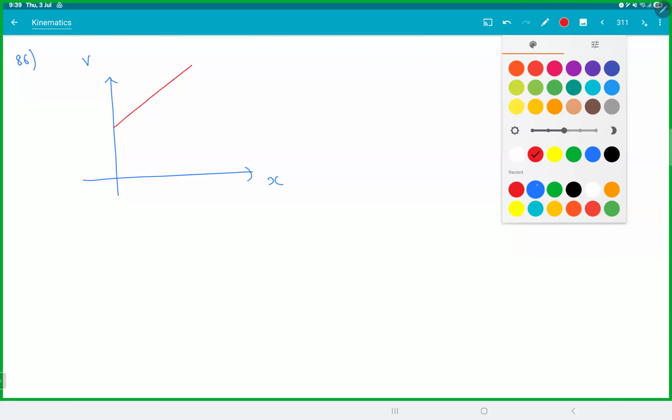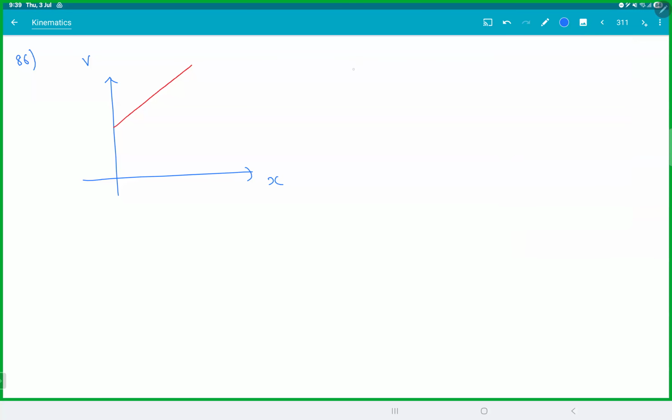So it is given acceleration A is given in the form of Cx plus D, right? The graph is looking like this. So this does not happen for everything. So if the graph is a linear function, find the initial speed.